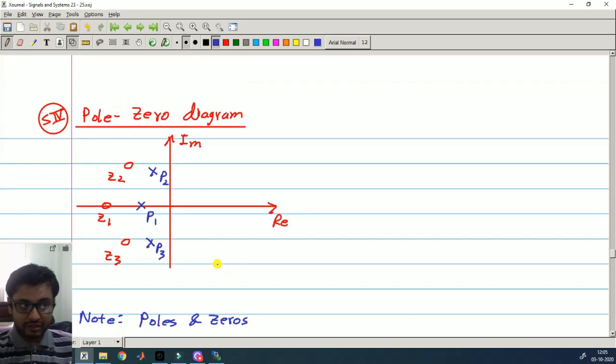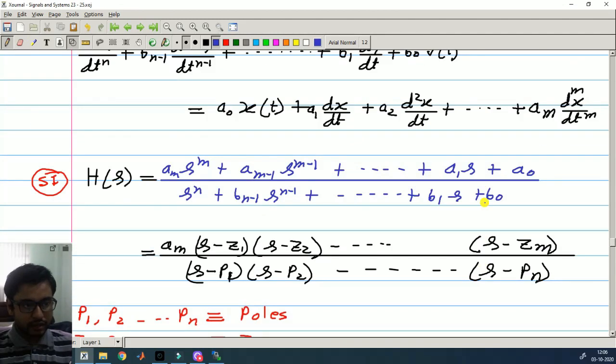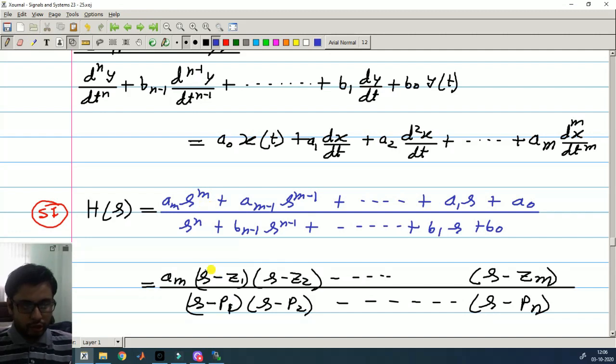Why is this so? Look here, if these zeros occur in complex conjugate pairs, like Z1 and Z2 are complex conjugates, then when you multiply S minus Z1 and S minus Z2, you will get a quadratic polynomial, something like S square minus or plus some AS plus B, where A and B will be real if Z1 and Z2 are complex conjugates.